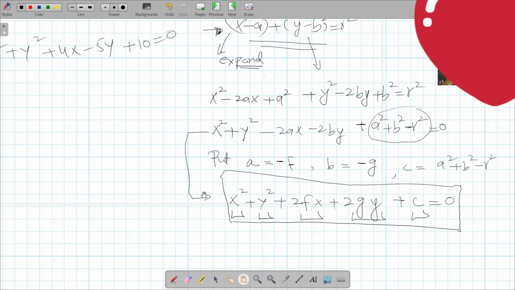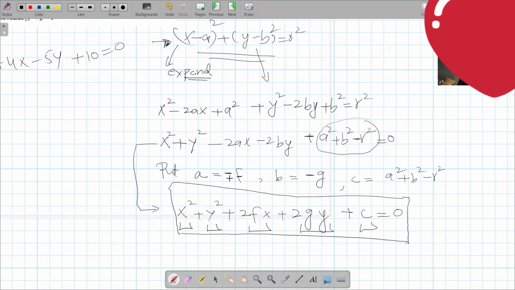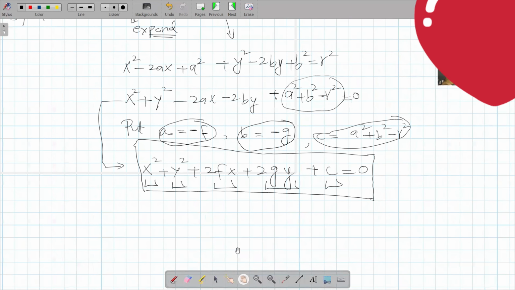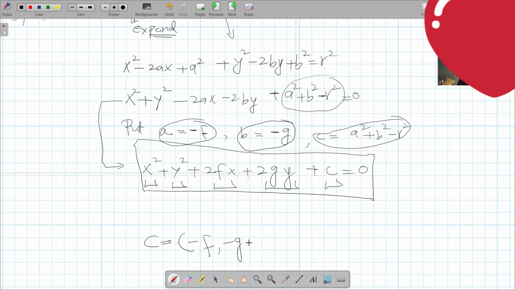We have substituted a equal to negative f, b equal to negative g, and c equal to this. So what will be the center and radius in terms of the new parameters? Now the new parameters are f and g. So what will be the center? C will be negative f, negative g, because the center is (a, b).